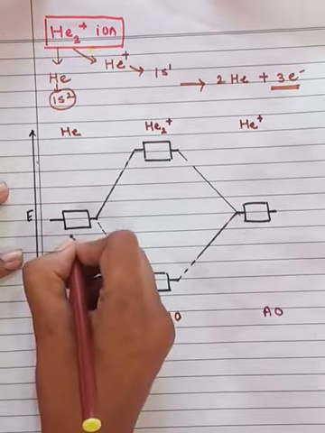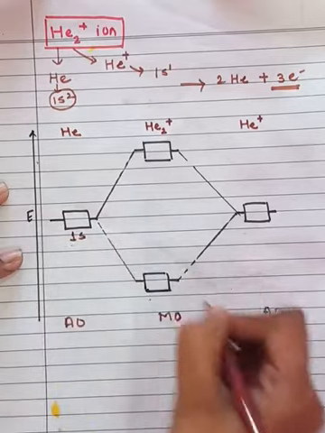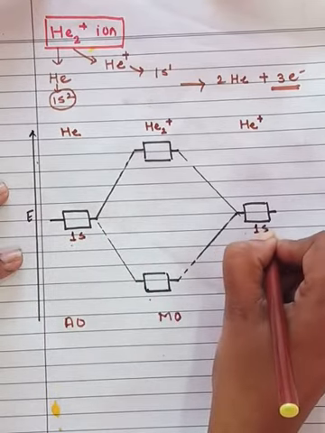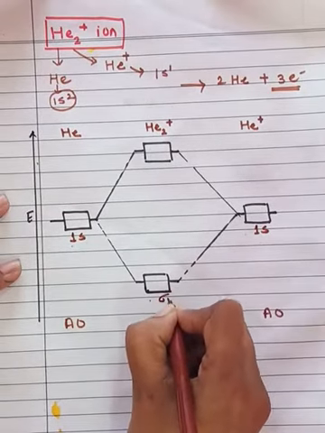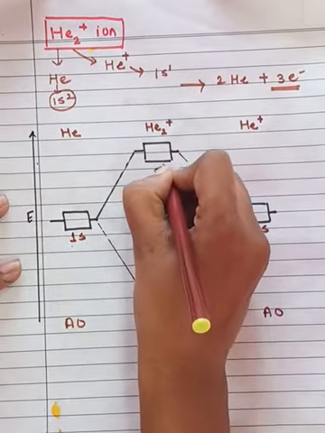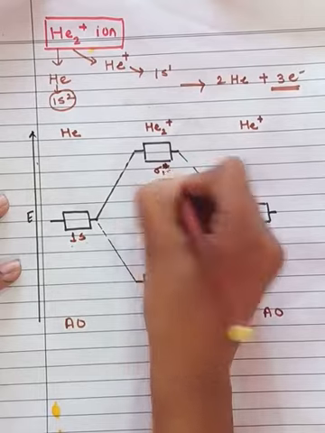The atomic orbital for the first helium is 1s and for the second helium is also 1s, whereas the bonding molecular orbital is sigma 1s and the anti-bonding molecular orbital is sigma asterisk 1s.